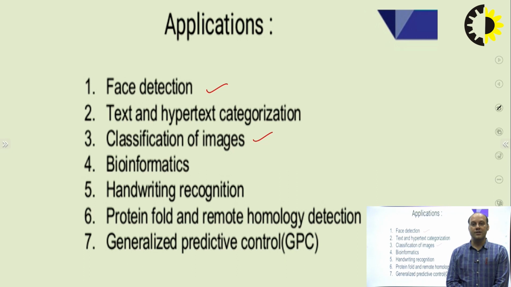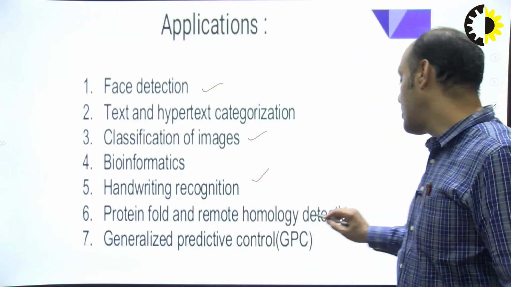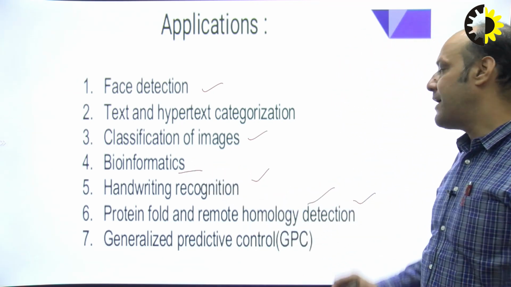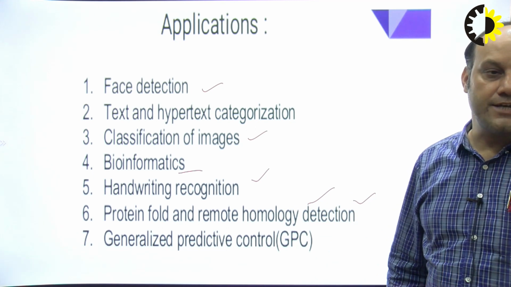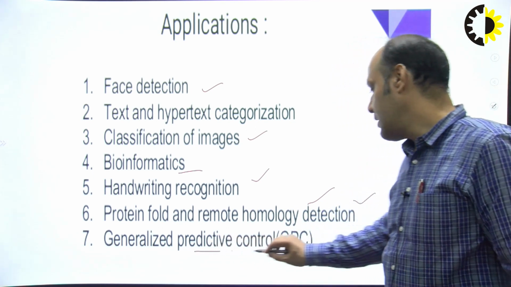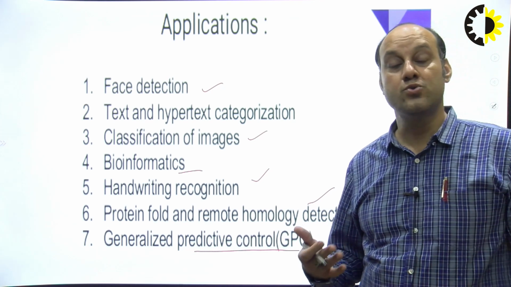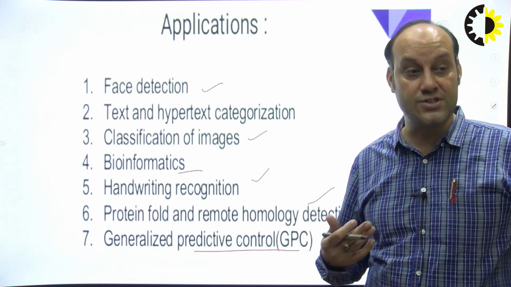Handwriting recognition: in a lot of applications we need a faster, efficient output, and for that, in handwriting recognition, we can use this algorithm, support vector machine, right? And sixth is protein fold and remote homology detection, which is connected with bioinformatics in the medical field also. And lastly, generalized predictive control, right? As I have said, this is used to solve a lot of classification problems.